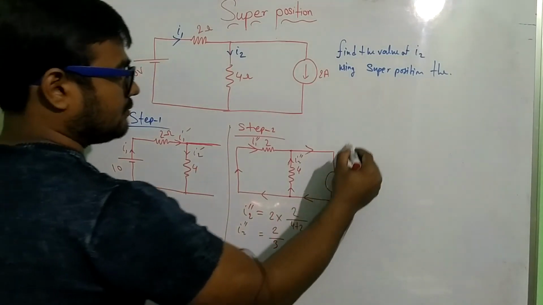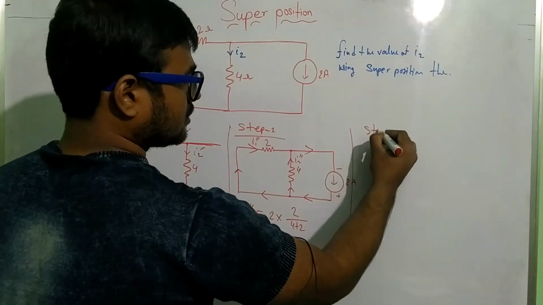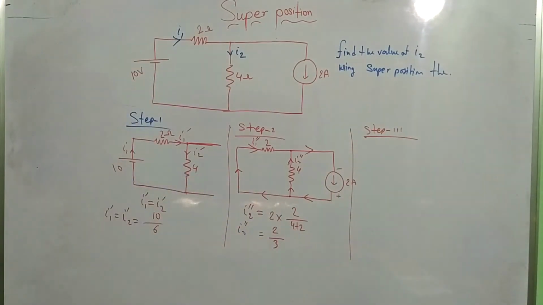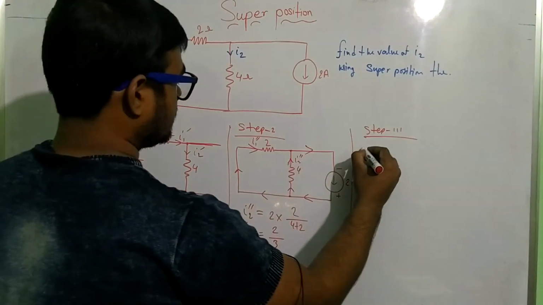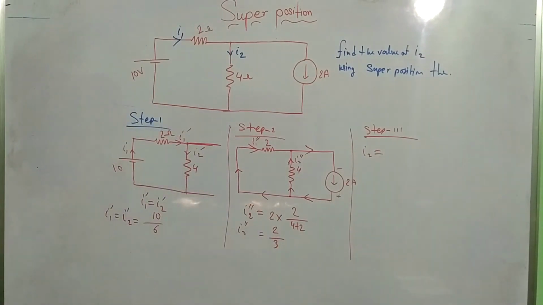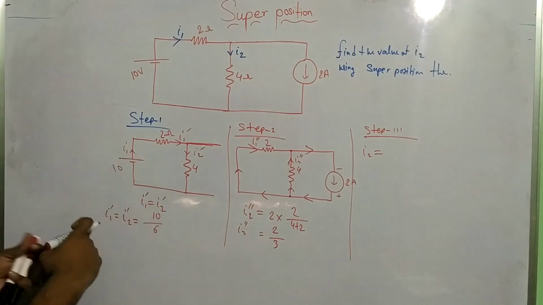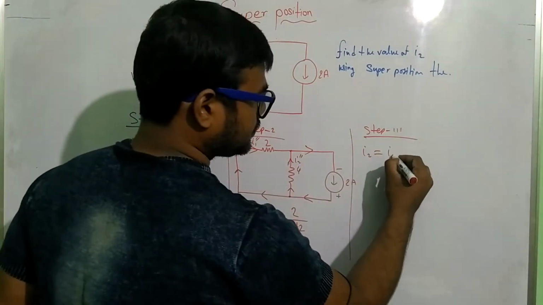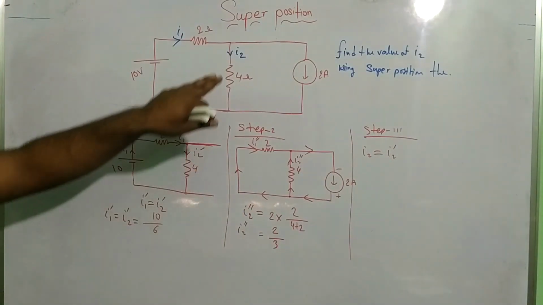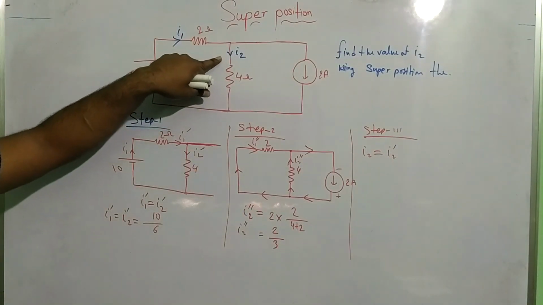Now I am doing step 3. So what happens in step 3? In step 3, I2 equals I2 dash plus or minus I2 double dash, because this is our main circuit direction.